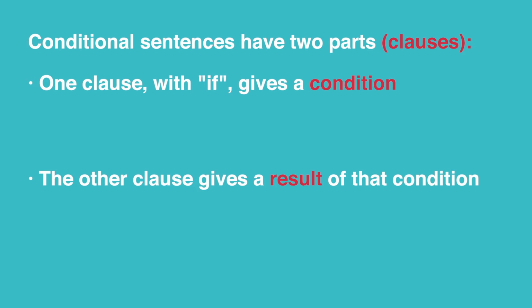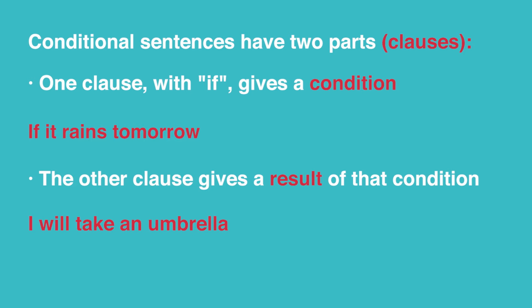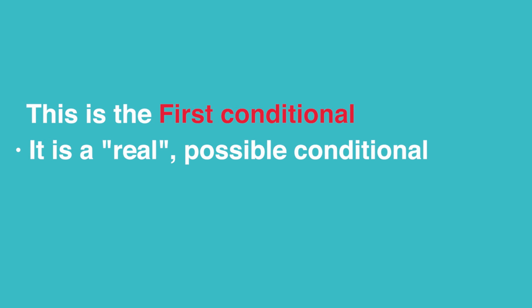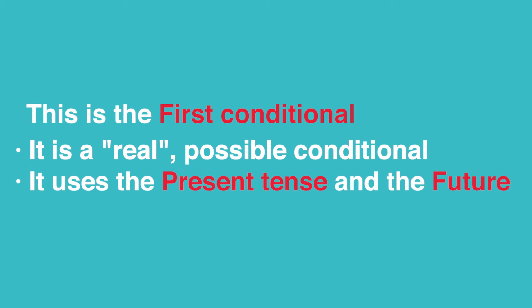For example, if it rains tomorrow, which means on the condition that it rains, I will take an umbrella. This structure is called the first conditional, which is a real, possible condition based in the present future. It is possible, and that is why it uses the present tense.